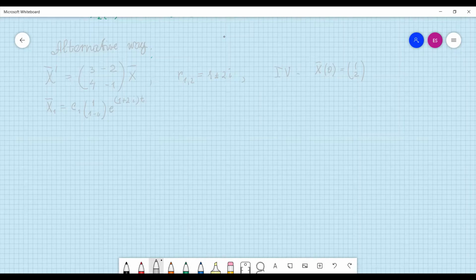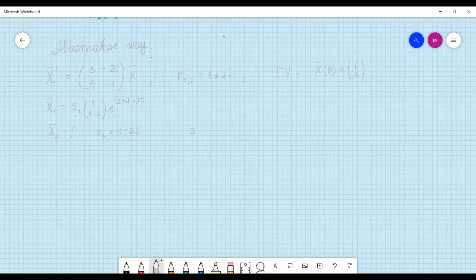So right now I'm going to search for x2, the second eigenvector, which corresponds to the second eigenvalue, r2 equals 1 minus 2i, right? Which is the conjugate. Well, we already remember that only the first line is going to work. The second line is linearly dependent. Second row, I'm trying to say. So I'm just going to plug this r into the first line, right?